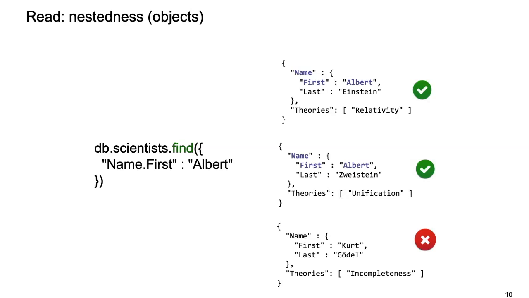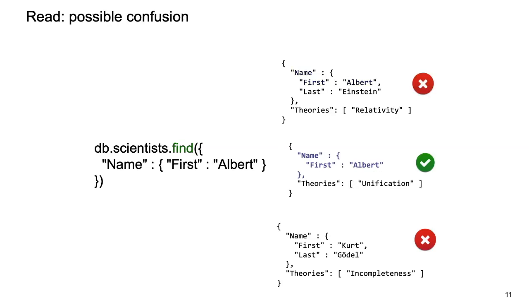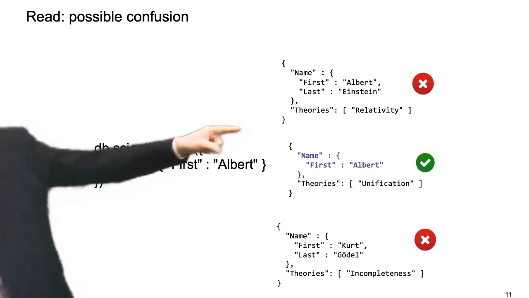For whom is that clear? So beware, the dollar is special, the dot is special. If you didn't know about the dot, you might have thought of doing something like that, maybe thinking that this is going to just detect a pattern in which you have first Albert, maybe with other keys, within name. That wouldn't work, because in that case, you might expect that it returns this, but it doesn't.